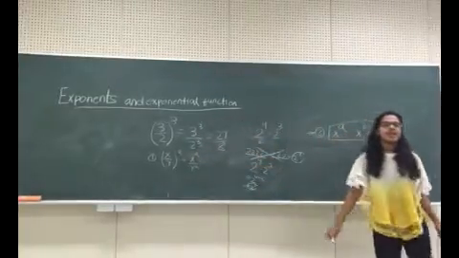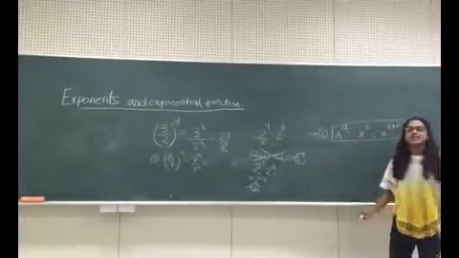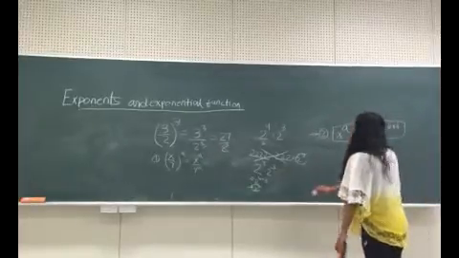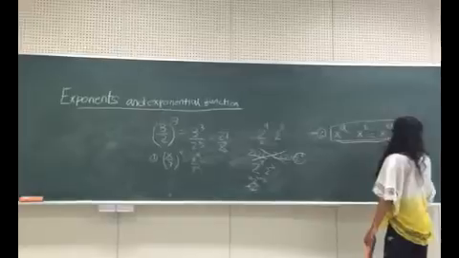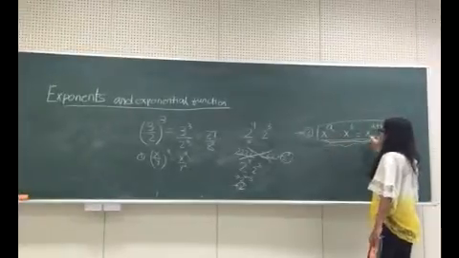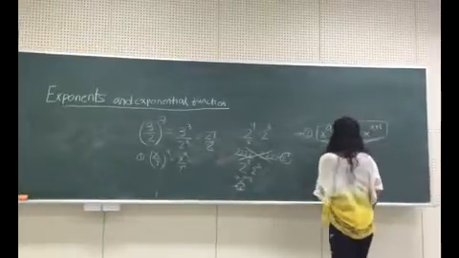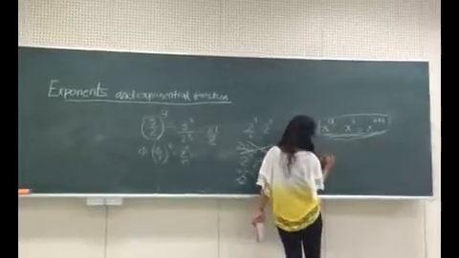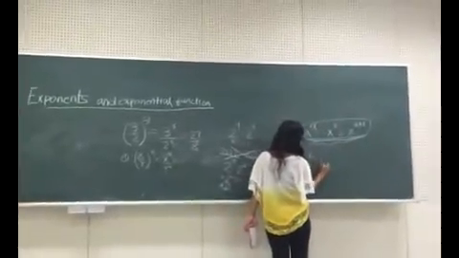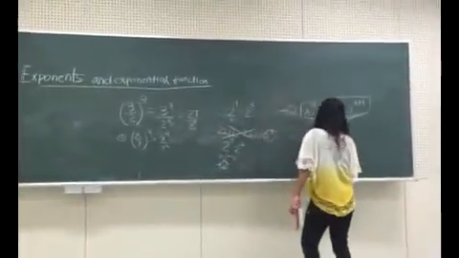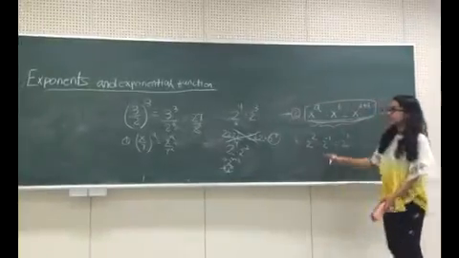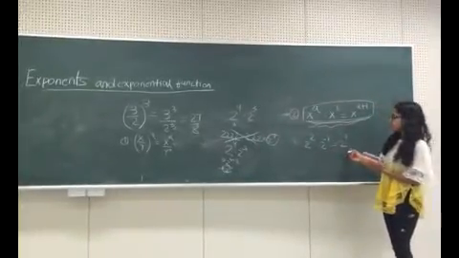Alright. And now, let's move to the next part. As we already got this formula, we can write 2 to the power 2 into 2 to the power minus 1 equals 2 to the power 1. Is it? Yeah.